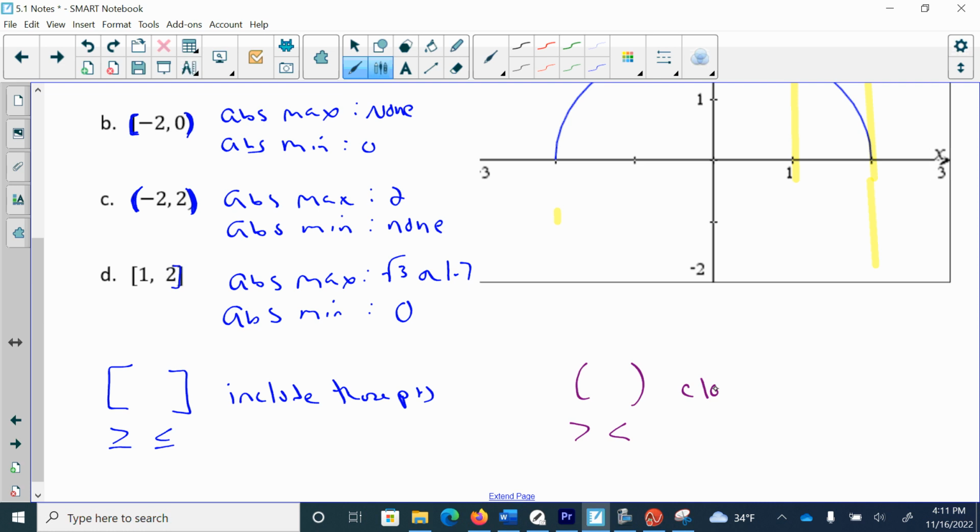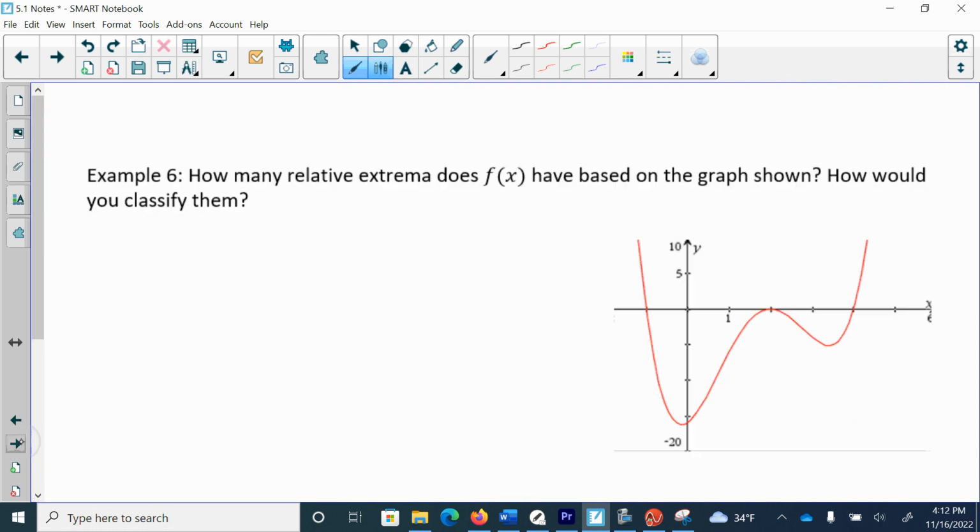It's close to those points, but not including. So in English, if your max or min, what you think should be a max or min, occurs at one of those places where you have that parenthesis, you can't count it, I guess is the best way to say it.